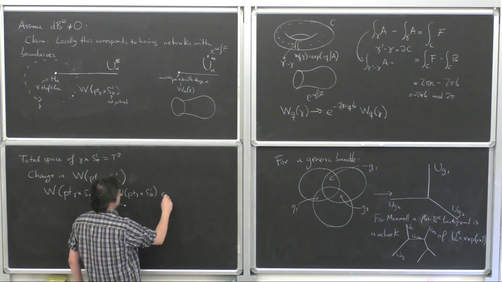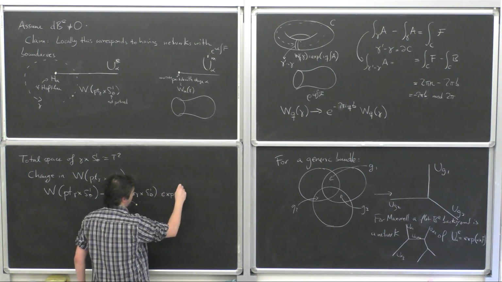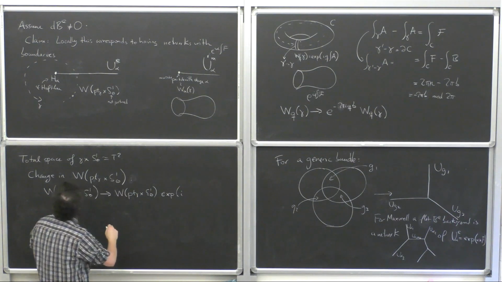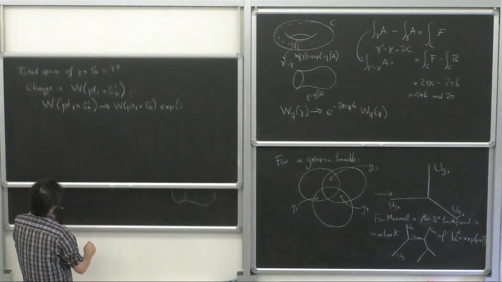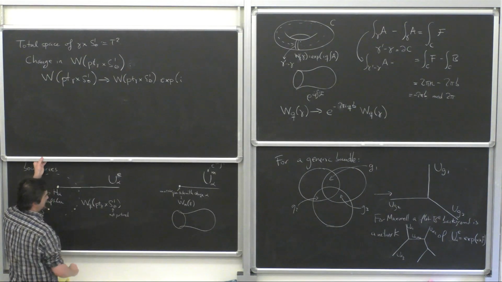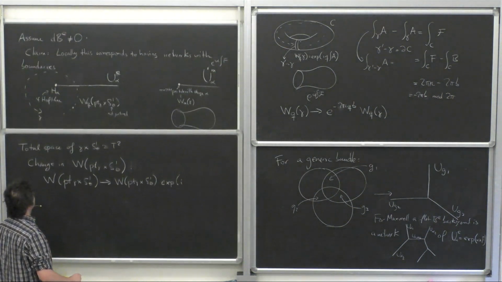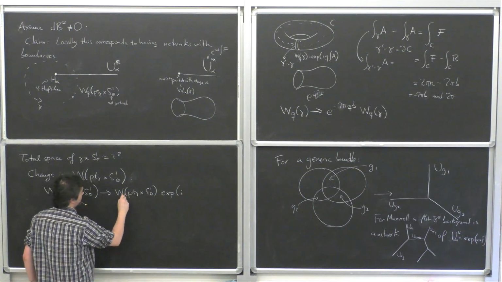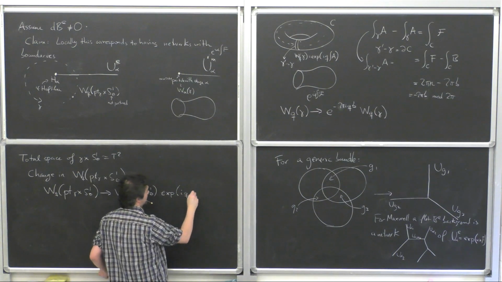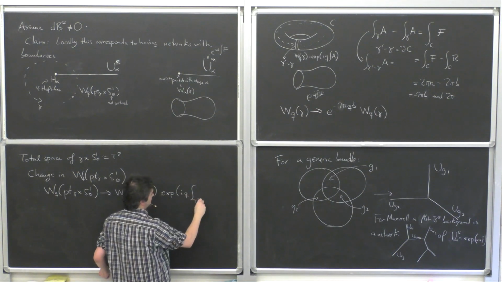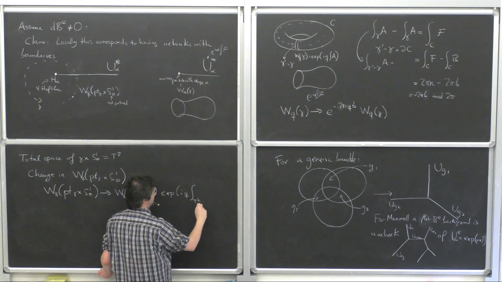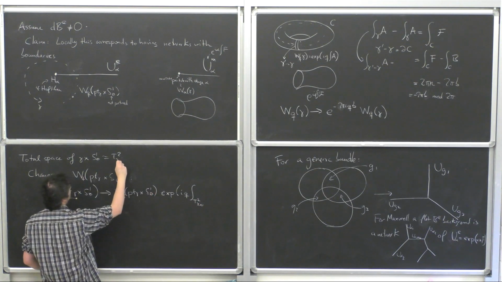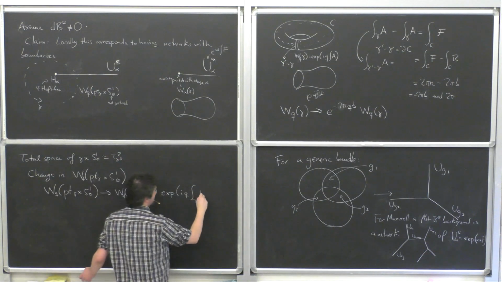But there's a phase, which is the exponential of e to, just a charge, sorry. So this is a Wilson line of charge Q: e to the IQ integral on this torus, let's say gamma times S1 theta, of f.